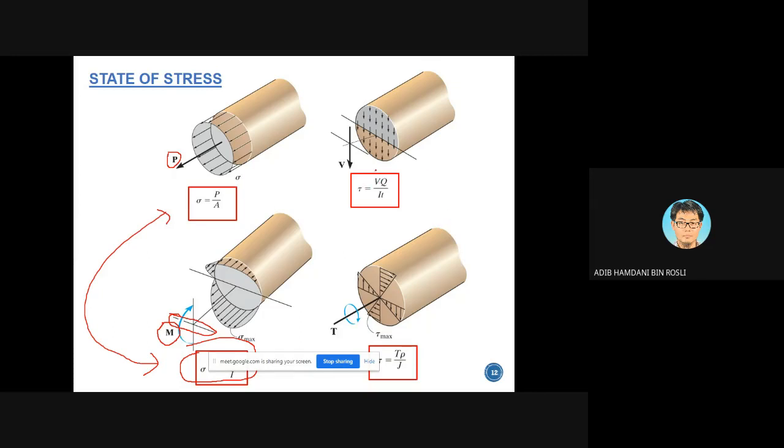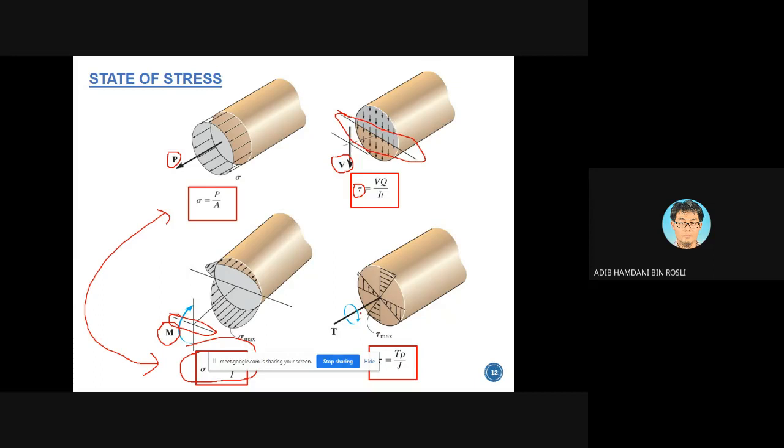Same goes for internal shear, transverse shear V. You'll have the transverse shear stress tau. If it goes downwards, that is V. You have this neutral axis, and the stress will be maximum at the neutral axis and zero at the most top or the most bottom.